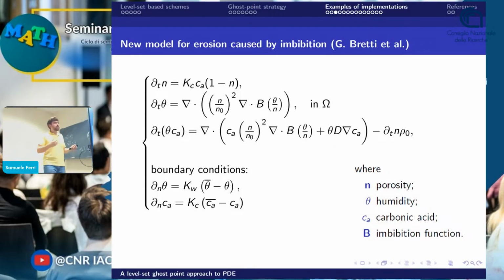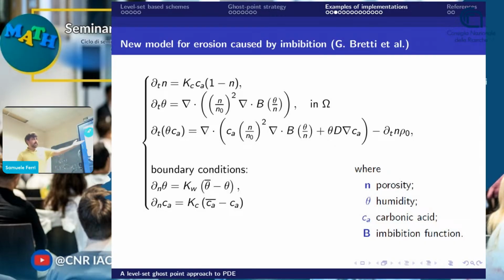What we want to study is how water going inside a stone, a porous medium, by filtration or imbibition, erodes the stone at the boundary and also inside.